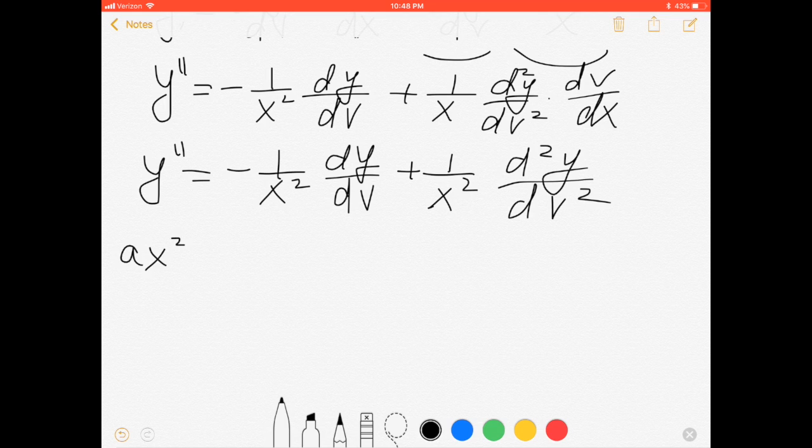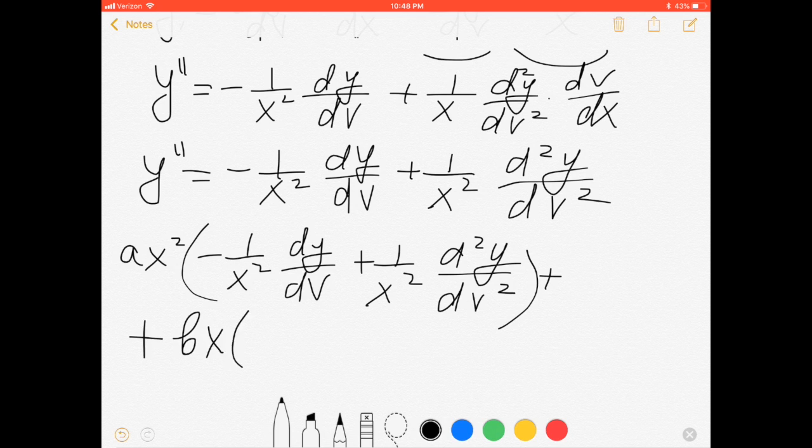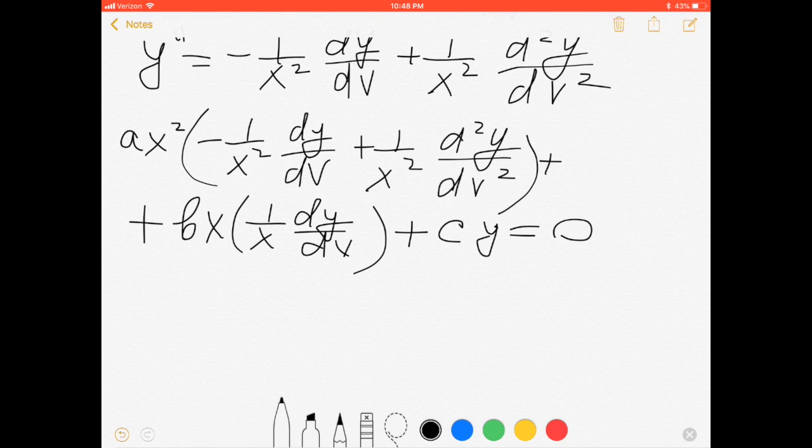Now use all of this and plug it into our equation. What do we have? ax squared times the second derivative, plus bx times 1 over x dy/dv, plus cy equals 0. Okay. Distribute and open.